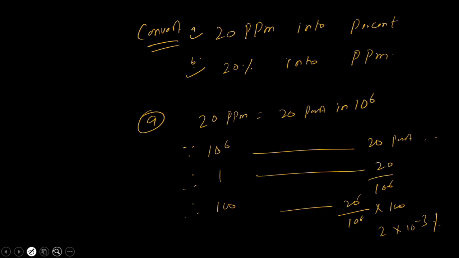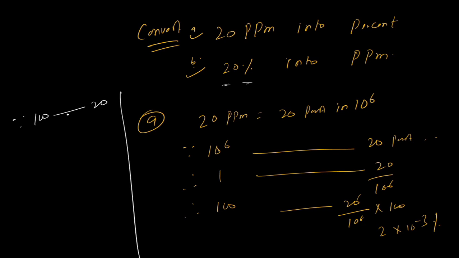Now we will solve the reverse question. 20% means 100 parts is the solution, in which 20 parts of solute is present. Since 100 has 20, one will have 20 upon 100.